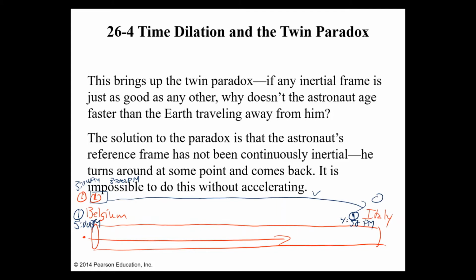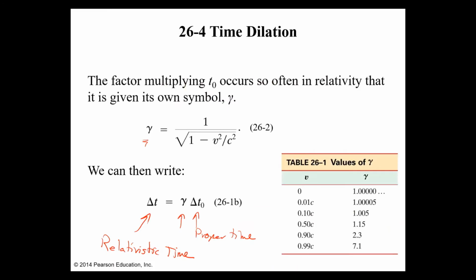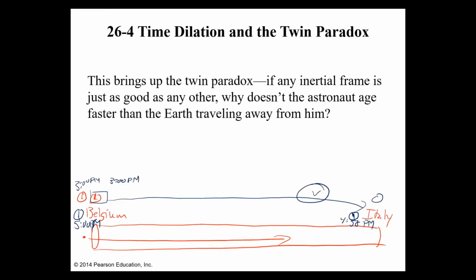Because that clock that went to Italy was moving at a velocity v, we had to take into account relativistic effects. And so that clock was now behind. And because of that, it recorded an arrival time earlier than it should have. So we have actually seen evidence of these relativistic time dilations that we did not expect.